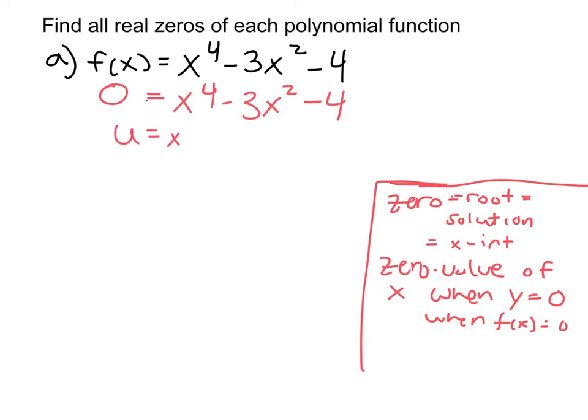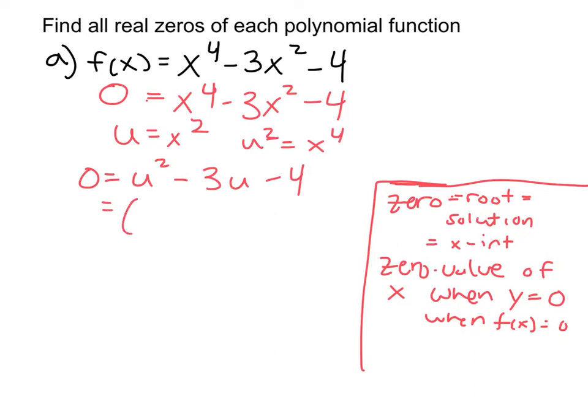That's going to work out really well for us here. So we're going to do u equals x squared. So u squared would then be x to the fourth. Let's plug that in. I'll have u squared, that's x to the fourth, minus 3 times u, because u is x squared, minus 4.